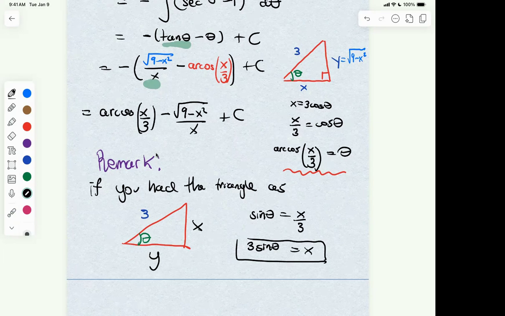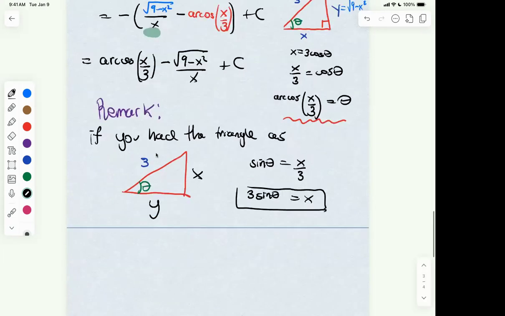So what I'm trying to say is that this also would have worked. Psychologically, I just prefer to think of X as horizontal, and that's why I went with cosine. But if you open the book, I think they recommend using sine of theta. It's a nice exercise to see that it actually produces the same result.